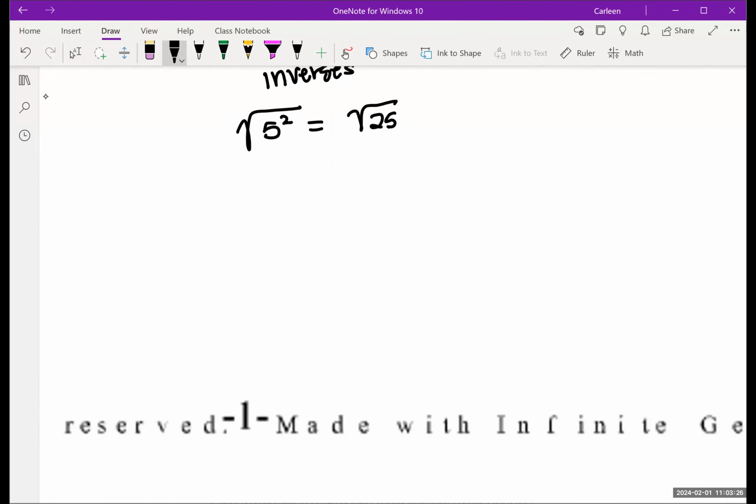And the square root of 25 is an outside 5. Do you see what's happening? So squared canceled square root, bing, 5 pops out. Do you see that the squared is canceling the square root because they are opposites?